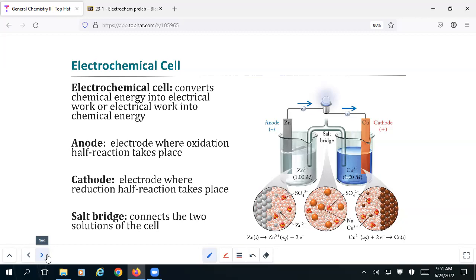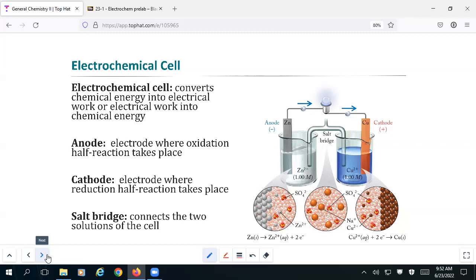There are a couple of things that have to be there in order for all of this to work. First of all, we need a place for this oxidation reaction to occur. We call that place the anode. So the anode is the part of the cell where we see the oxidation taking place, and the cathode is the part of the cell where we see the reduction taking place.